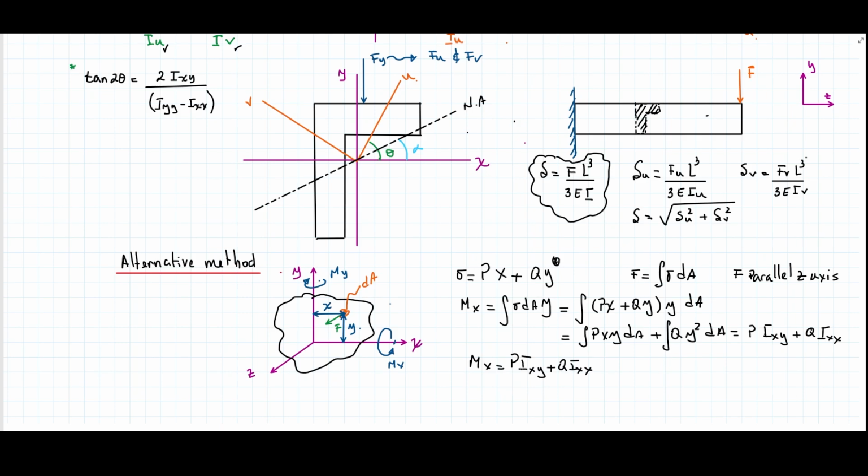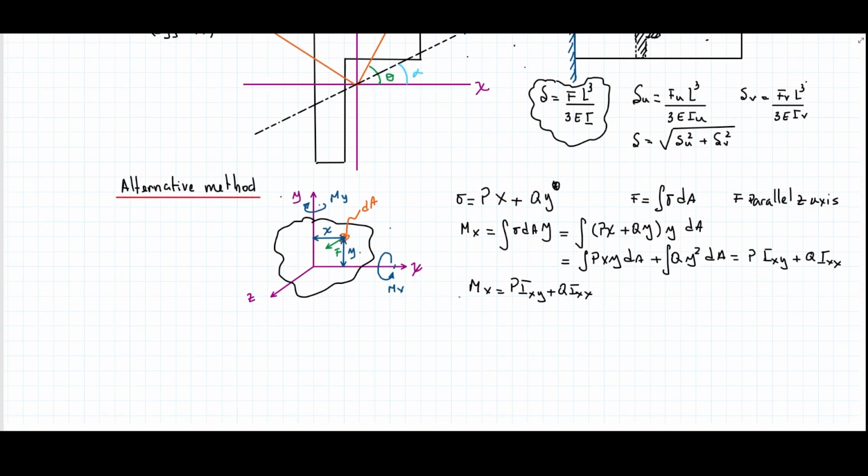Now, for the moment in y, I'm going to have that. Why is that? Well, it's going to be kind of contrary, in the other direction. The force times the x distance is going to cause negative moments, as we have understood how negative moments are, which are not following the right-hand rule. So this is going to create a negative moment like this.